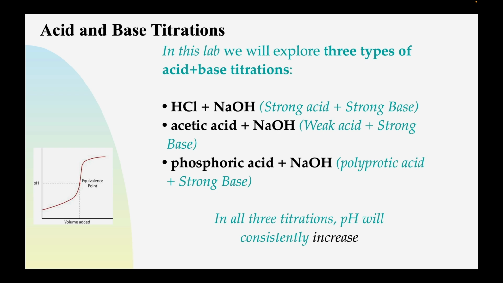It is important to remember that because you're starting with an acid and adding a base to it, all of your pHs will start out acidic, and they will consistently increase as you add a strong base, i.e. become more basic. So all of your pHs will start off less than 7 and they'll all end up greater than 7.